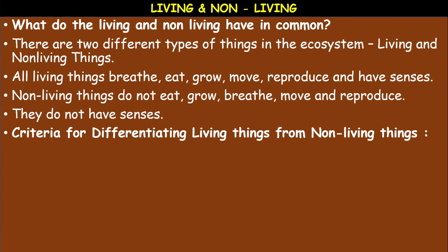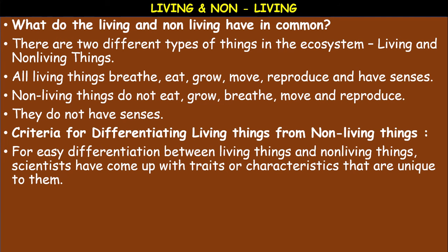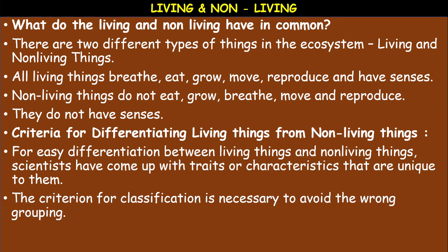How can we differentiate living things from non-living things? For easy differentiation, scientists have come up with traits or characteristics that are unique to them. There are certain unique features between living and non-living things.